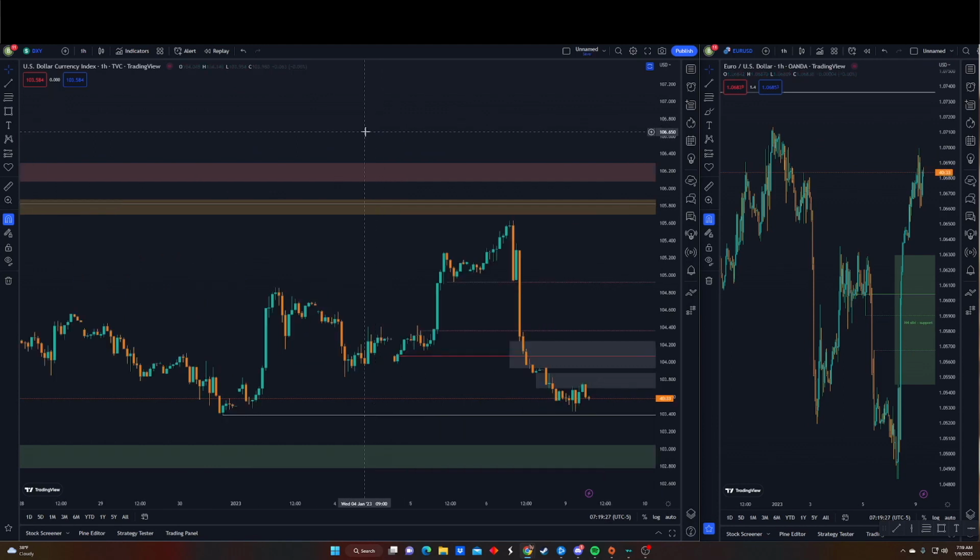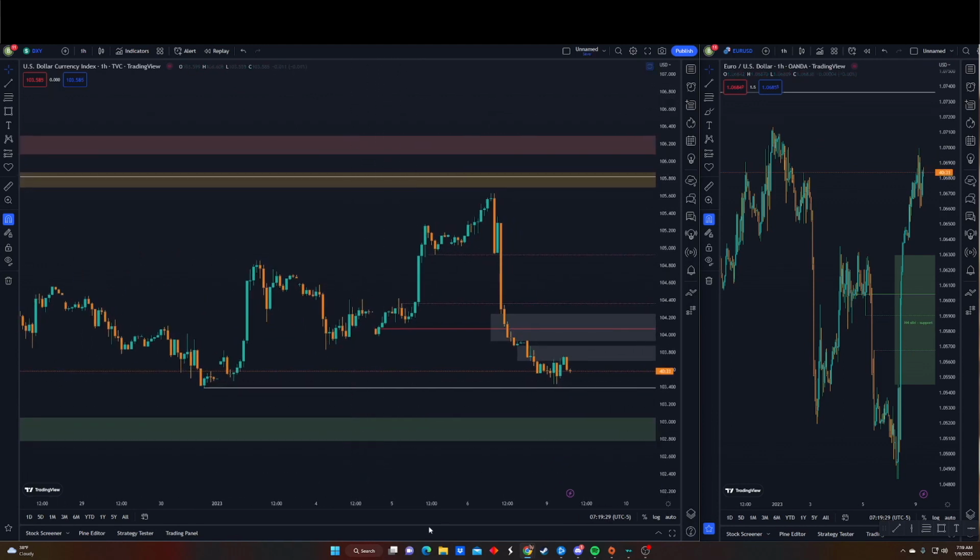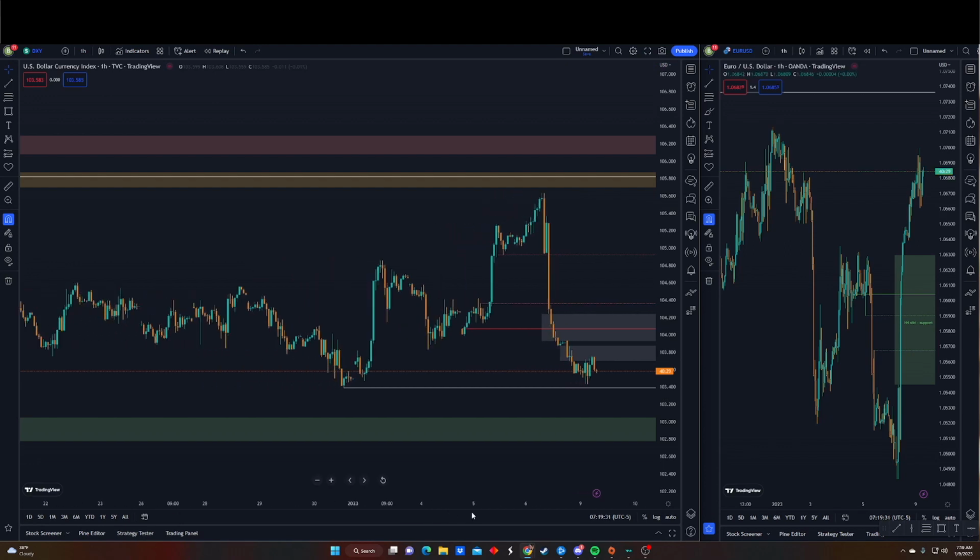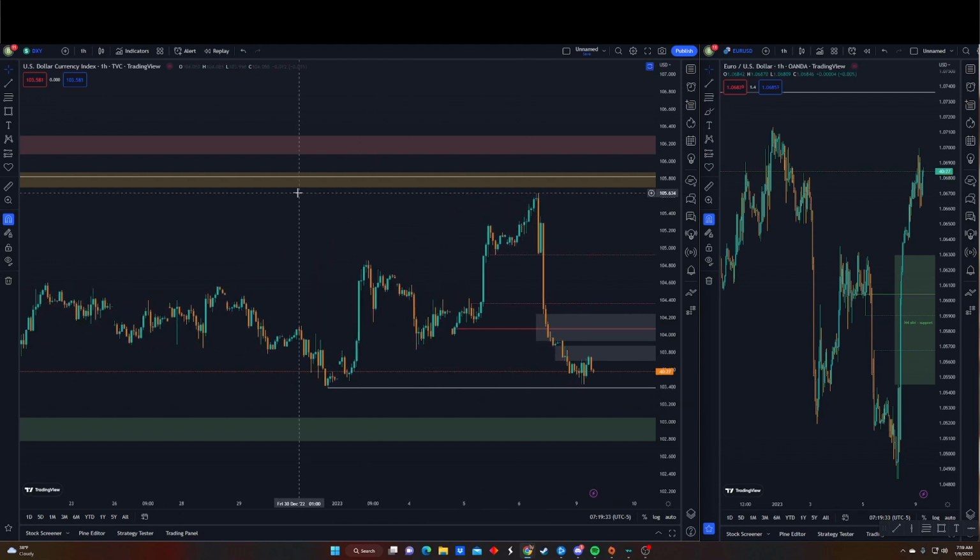And let's go into 1 hour on, no, on dollar. No, I don't like that. Looks like it's consolidating. I'm never a fan of consolidation because I never know what it's going to do.